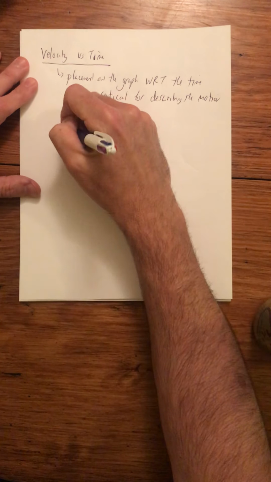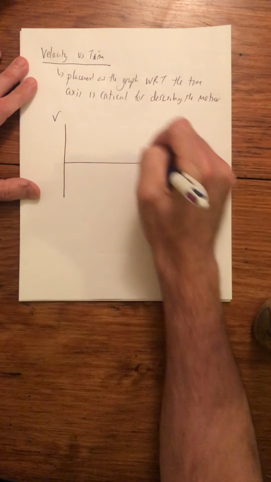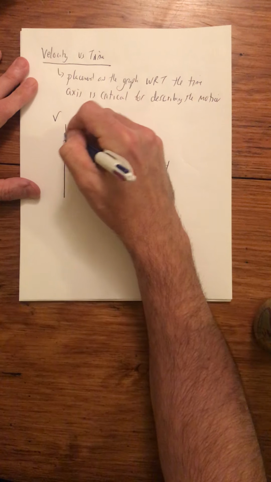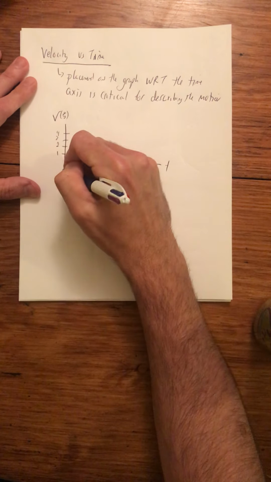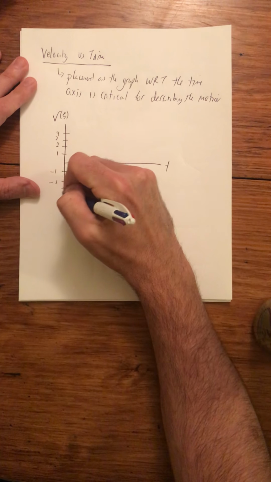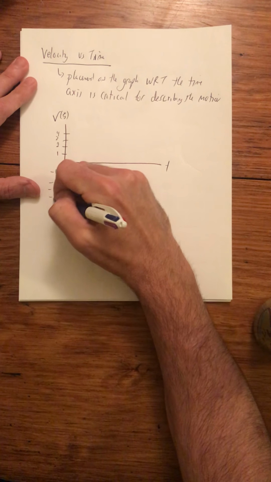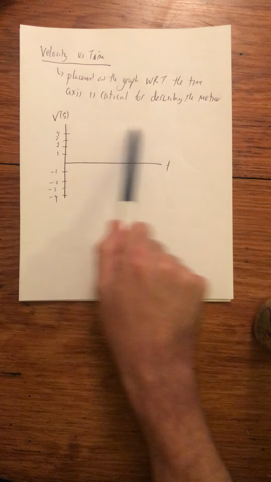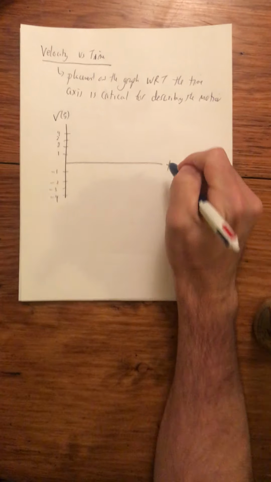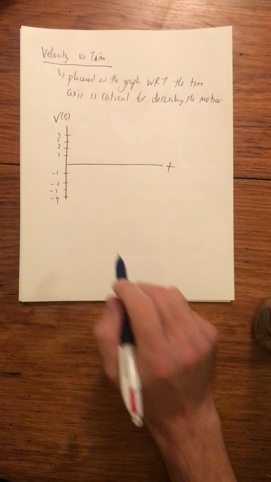Okay? So if I'm looking at a velocity versus time graph, well, notice this. Let's say if I have 1, 2, 3, 4, and let's say this is meters per second. This is -1, -2, -3, -4. Here's why placement on the graph matters. If I am in the first quadrant here, that means that my velocity is positive.